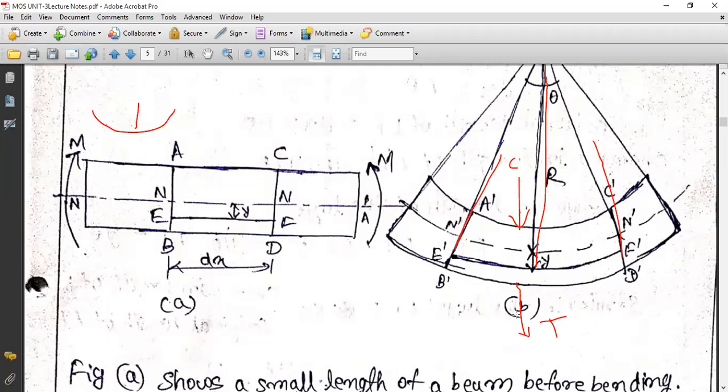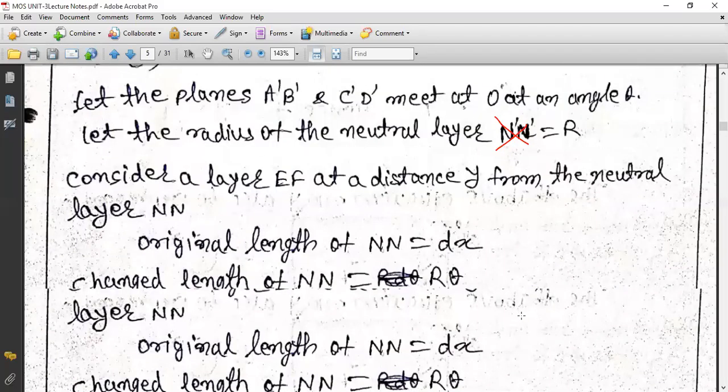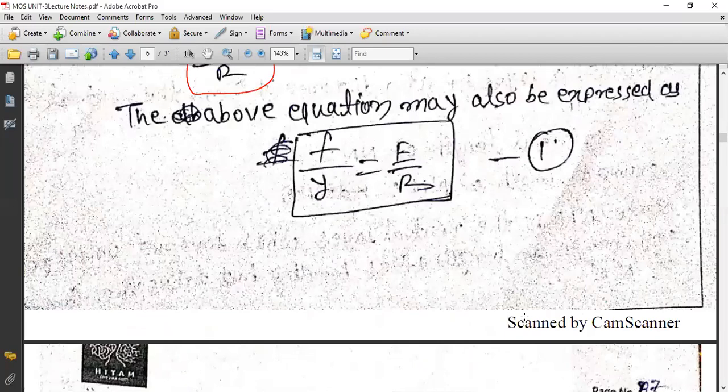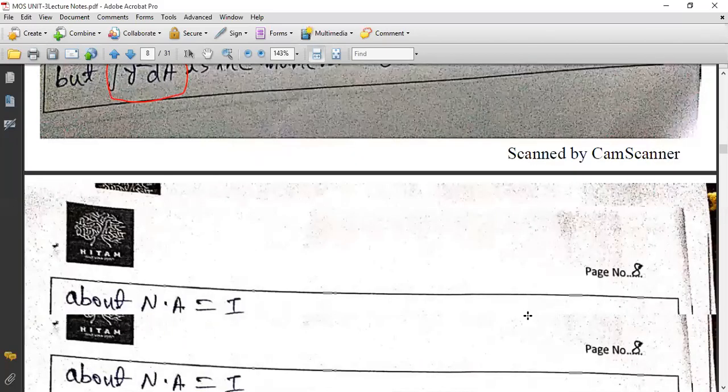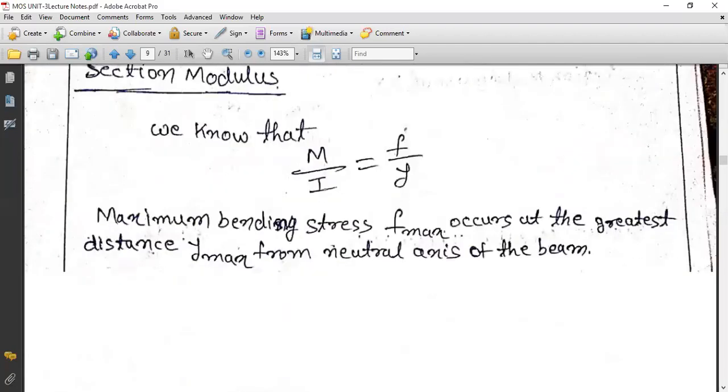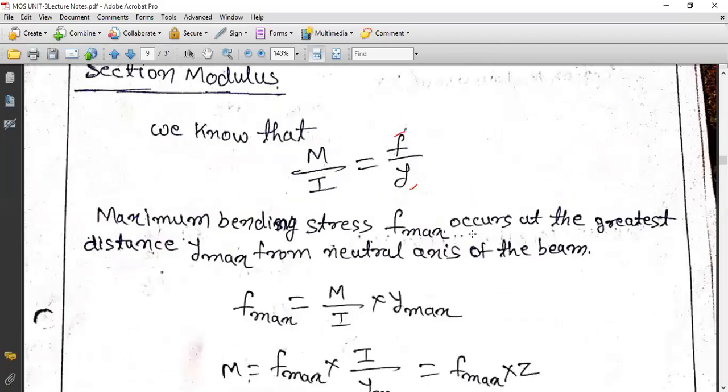You have to see this example also. So we are going to the section modulus, because that fact is very important here. You can see here, the maximum bending stress, sigma maximum, occurs at the greatest distance, y maximum, from the neutral axis of the beam.